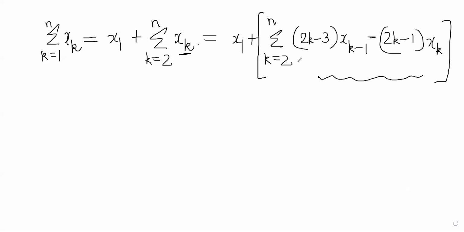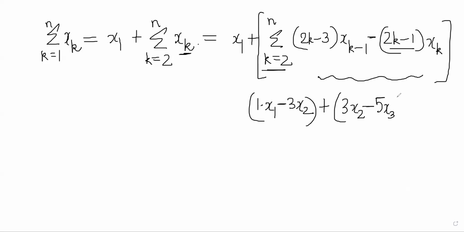So now let's look at this. This should become a telescoping series. So let's see first few terms. When you put k is equal to 2 here, you will get 1 into x1 minus 3 times x2. This is the first term. Then you put k is equal to 3 here, it will be 6 minus 3, so 3 into x2 minus 5x3, right?